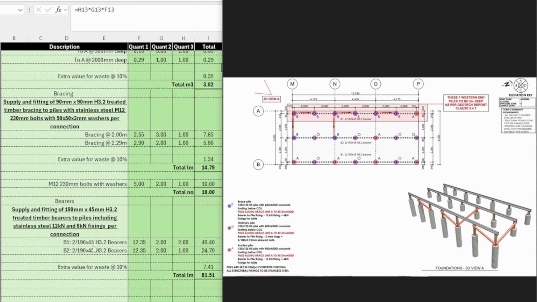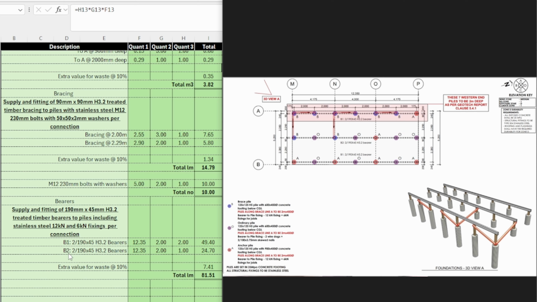So we've got down here B1, there's 2 of 190 by 45 H 3.2 bearers. And we know the length is 12.35, as we can see up here. And there's 2 of those. And we've also got 2 to do. So we've got a B1 here and a B1 there. So that's another 2. So it gives a total of 49.4 linear meters.